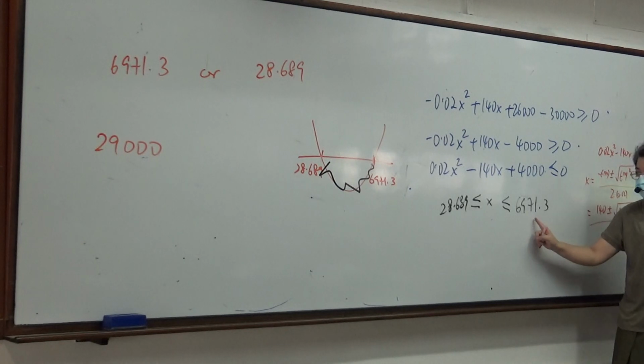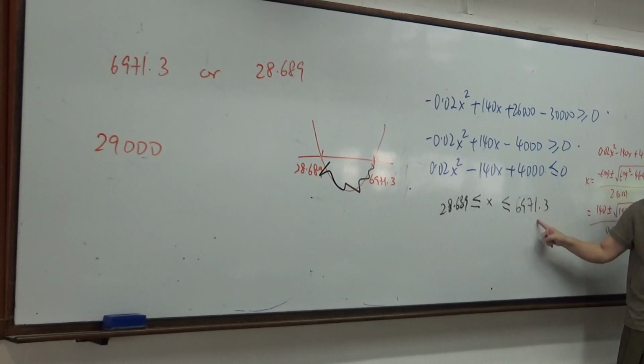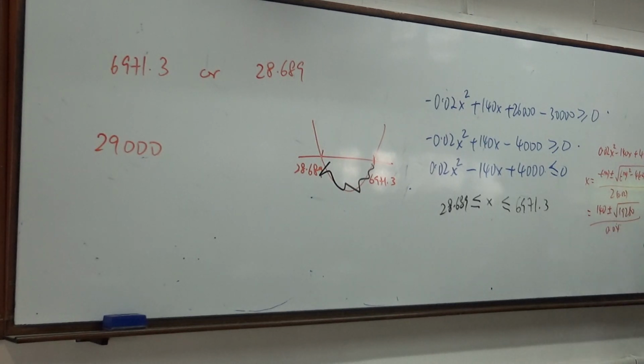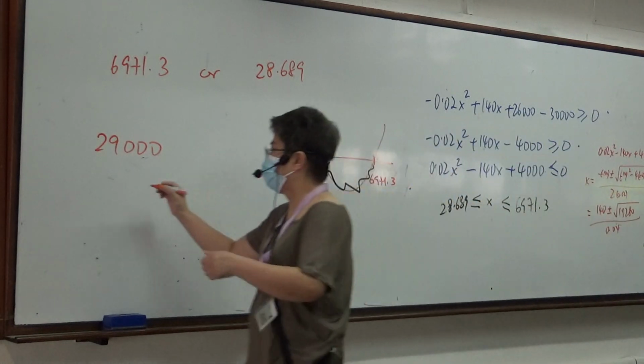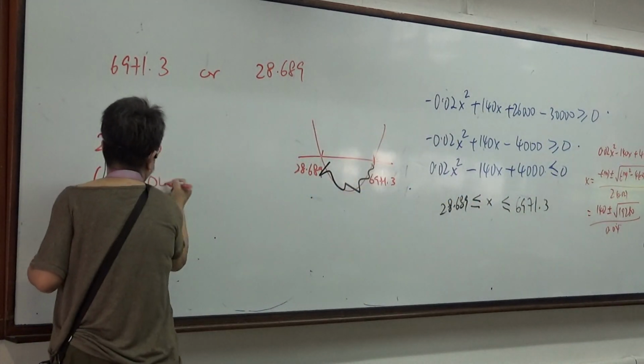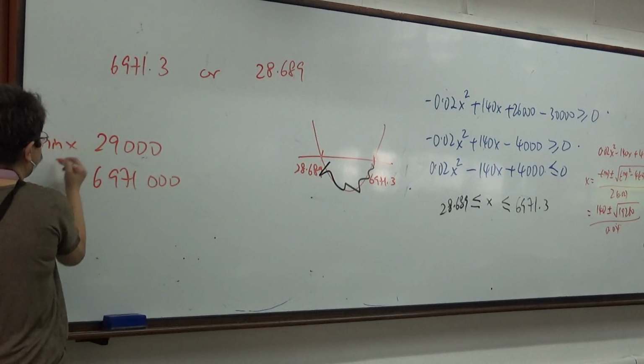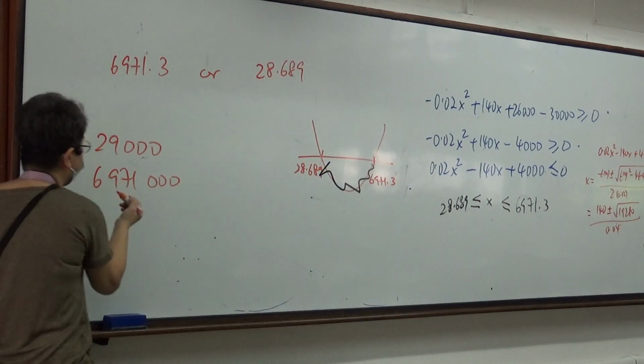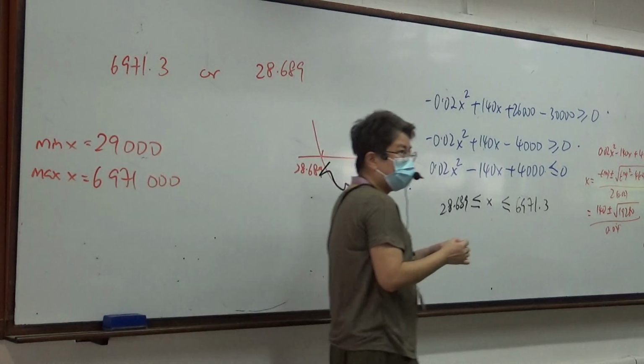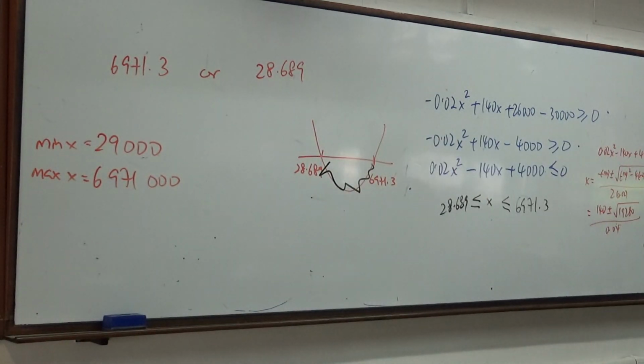What is the maximum that this can be? 6971. Correct. So it's 6971 plus 3 more zeros, right? This is my minimum x here. This is my maximum x, right? Because the question wants it in thousands.